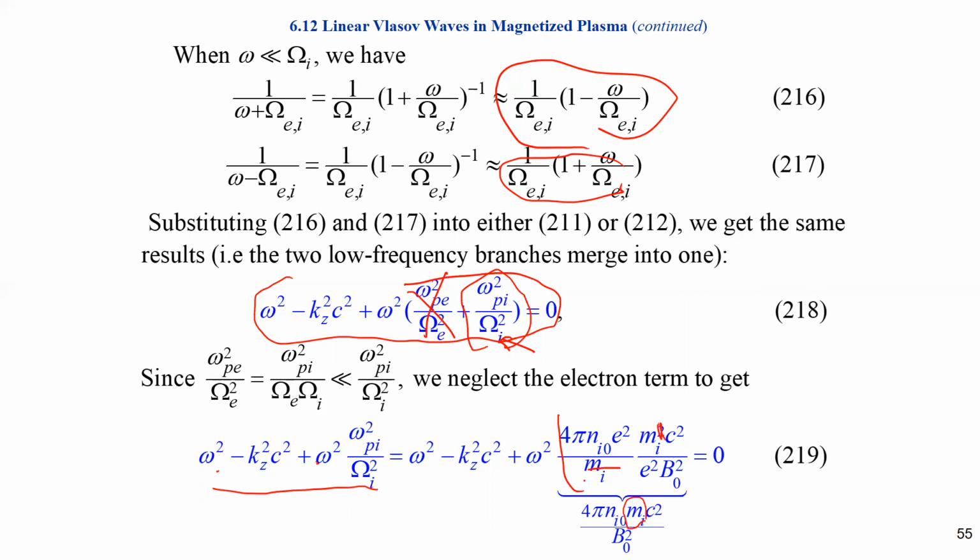From these two, one is Me, the other is Mi. Therefore, this term is much more important than this one, because Me is relatively small compared with Mi. Okay, so equation 219 is the equation we are looking for.